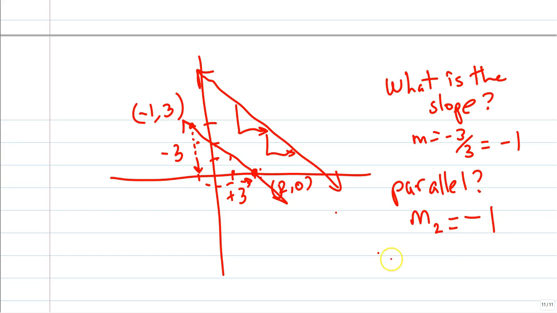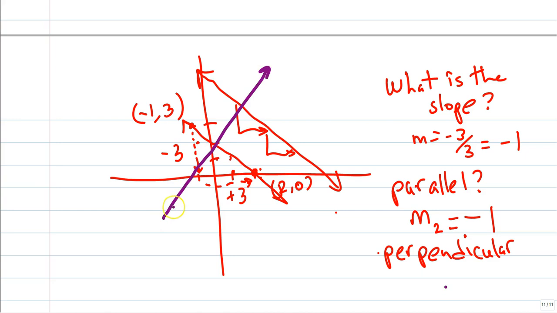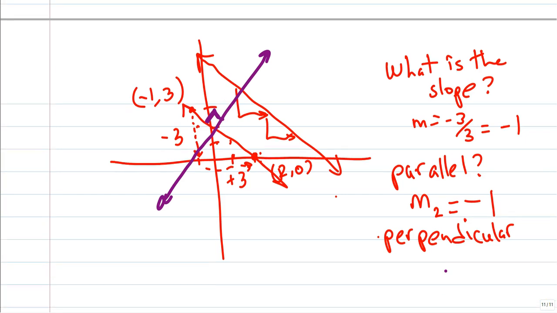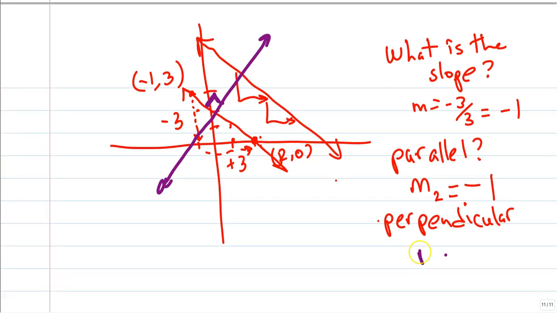What if I wanted a slope that was perpendicular to either of these? I want a third line, let me change the colors so it doesn't get too confusing, that not only crosses, but crosses at a 90-degree angle. Well, I know that the first slopes were both negative, so this one, to be perpendicular, would have to be opposite, positive.